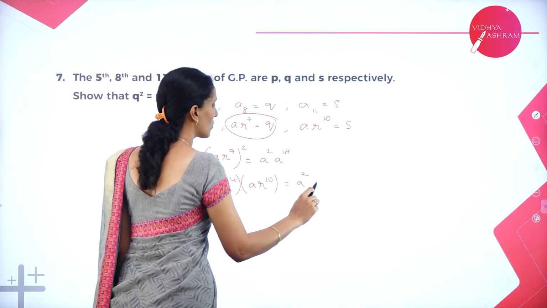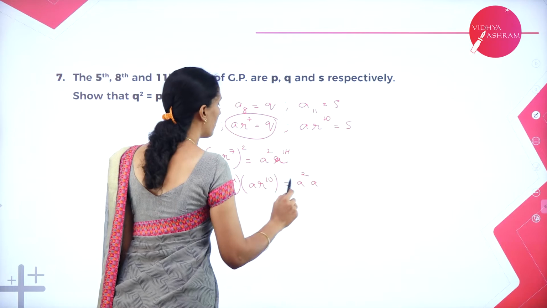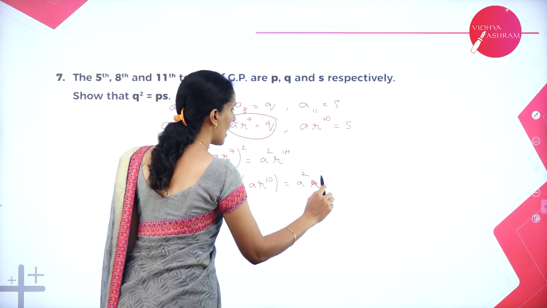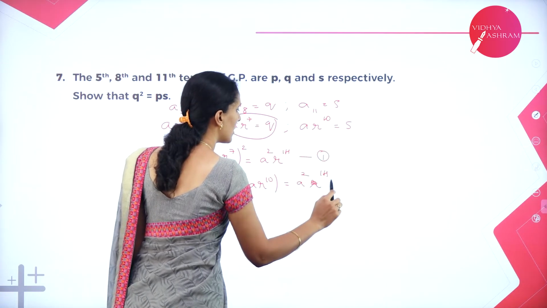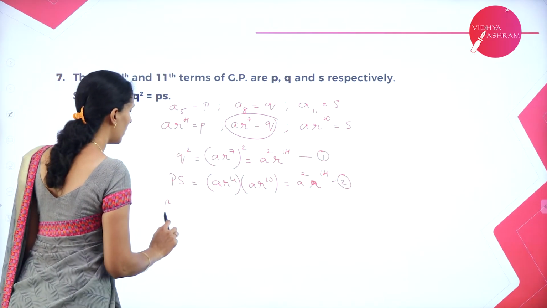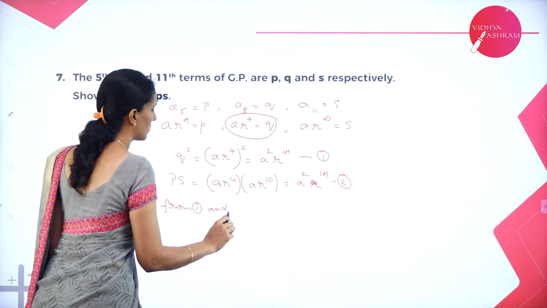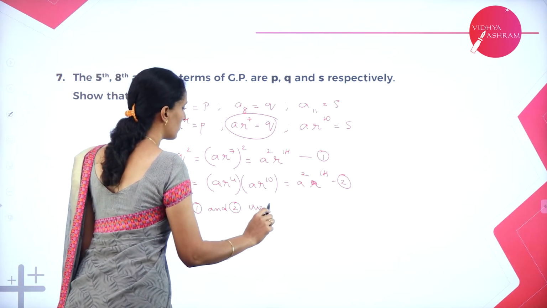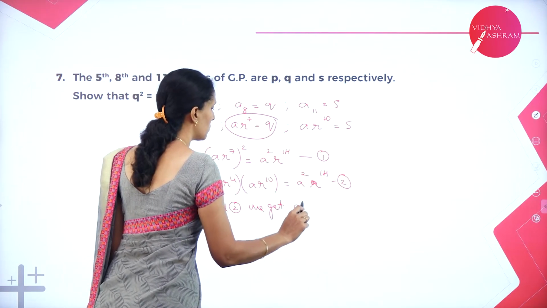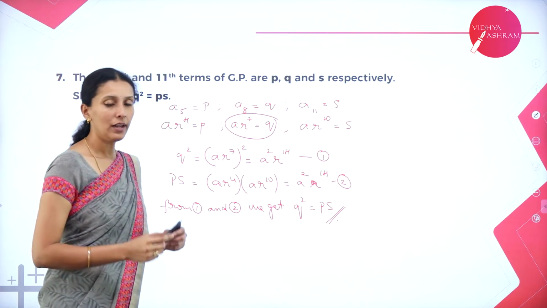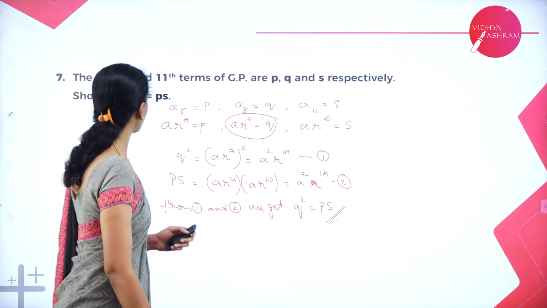Multiply this: a square into r power 14. So this is r power 14, and here also it is r power 14. So take this as 1 and 2. So from 1 and 2, we get Q square is equal to PS. Hence, we have proved the given relation.